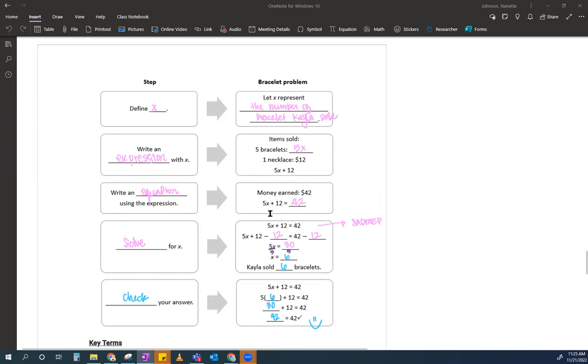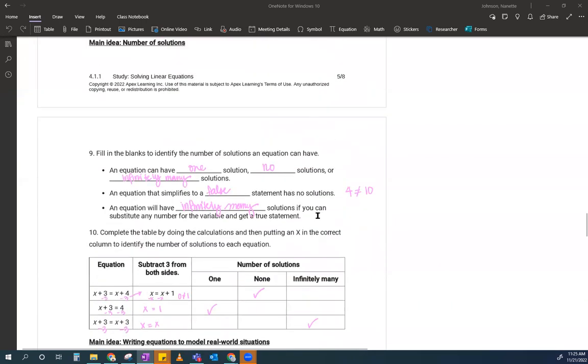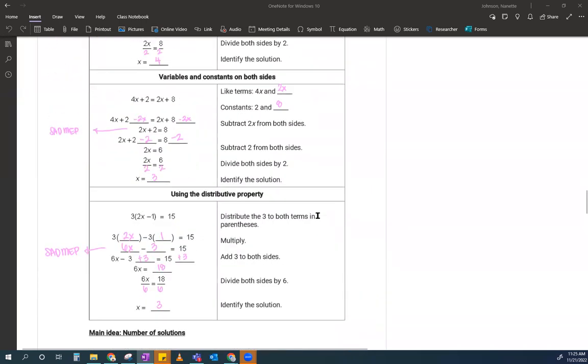The other thing that you should have taken away is the order in which you solve an equation. For me, I use SADMAP. You can use other things as well, but SADMAP, because basically you're undoing all the stuff that's happening to x in reverse order.